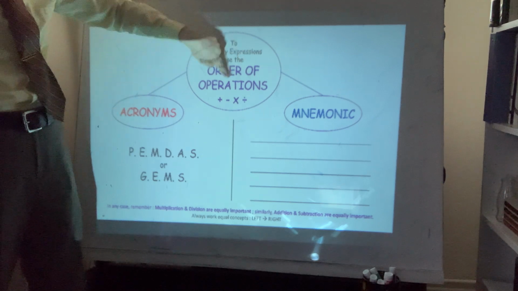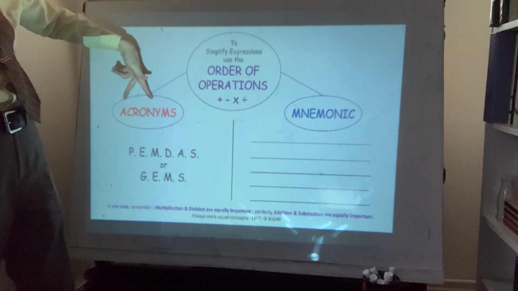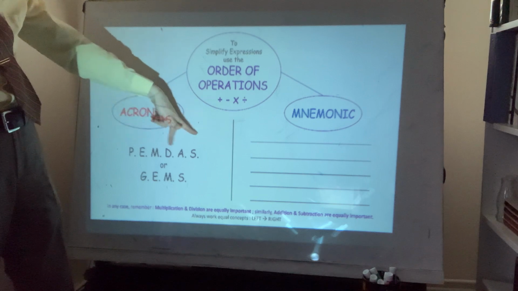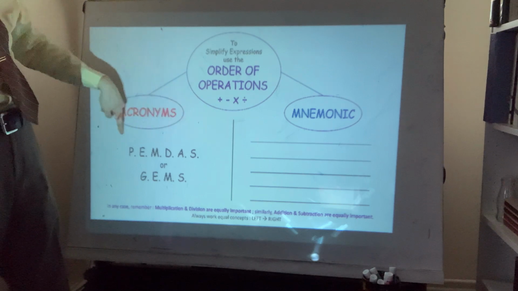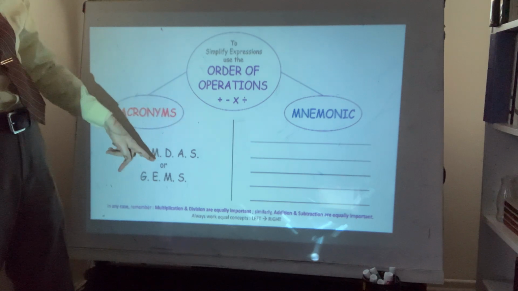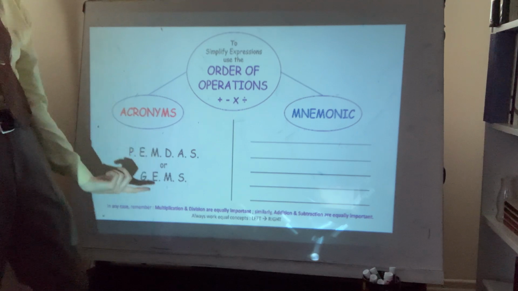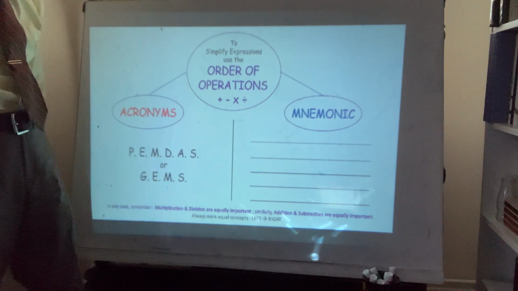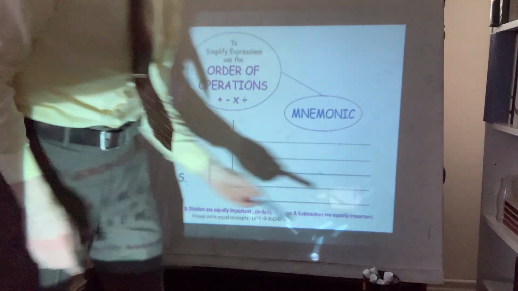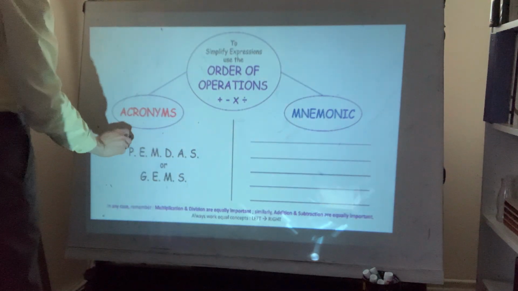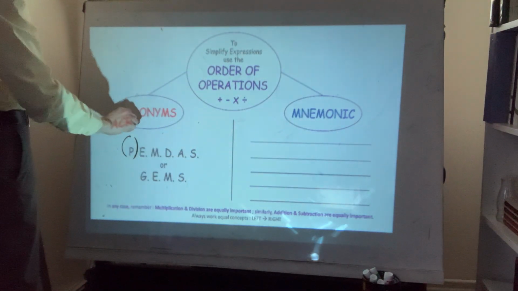Probably, if you know the order of operations already, you might be familiar with the acronyms used to memorize it. PEMDAS is one alternative, and a more recent, more concise incarnation is GEMS. P stands for parentheses, which you should do first.